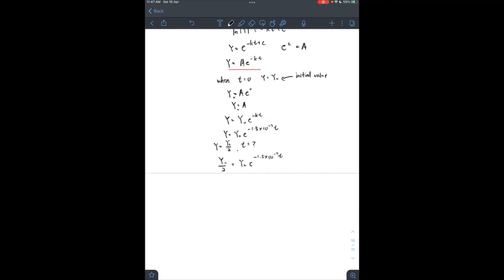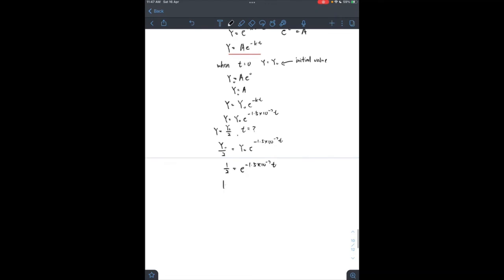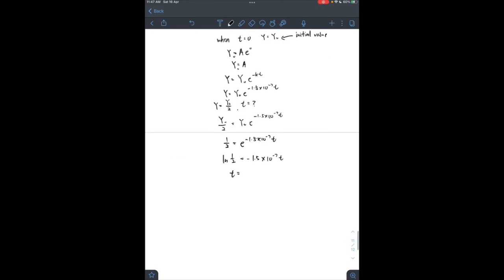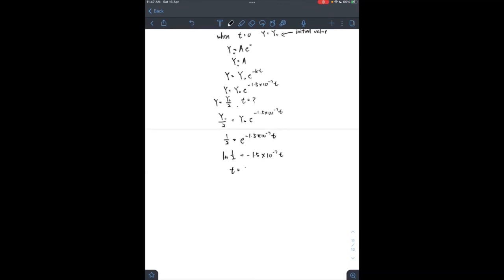We move the y naught from the right hand side to the left hand side, and then we move the e to the left hand side, where it becomes ln. Then we can solve this using a calculator, and we will finally get the answer.